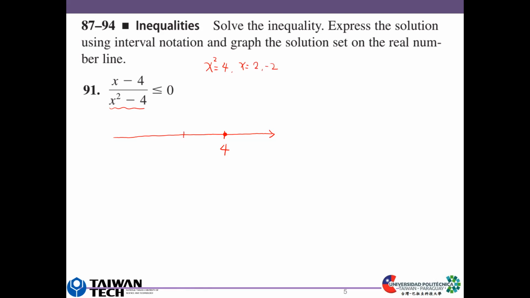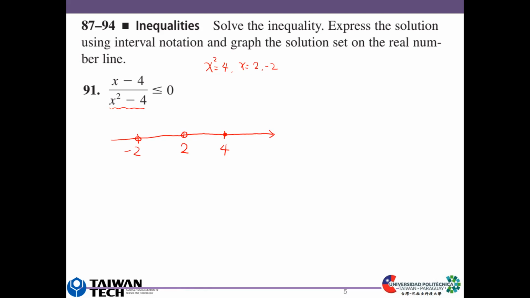So this is 2, and this is minus 2. But since at these two points, this problem is undefined, we use a circle. It means the value is not included in our solution. So we use a circle to mean 2 and minus 2 are not included.